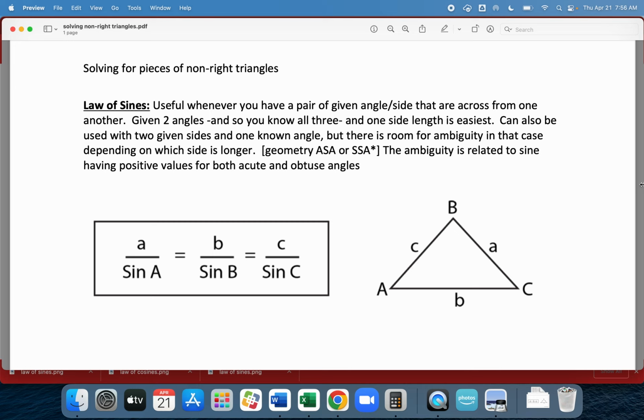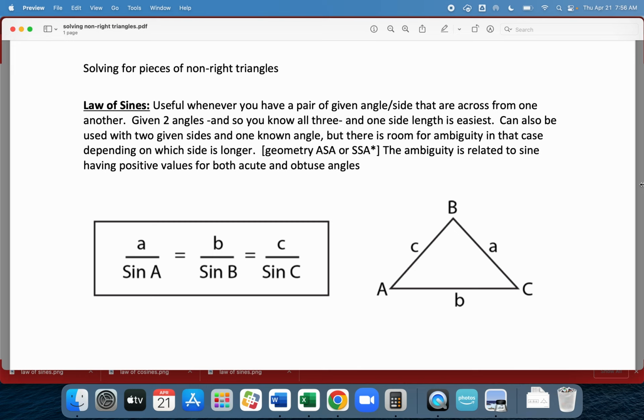Get a bigger piece of chalk here. But since those have to be the same, let me write that smaller. C times the sine of angle A has to equal side A's length times the sine of angle C.